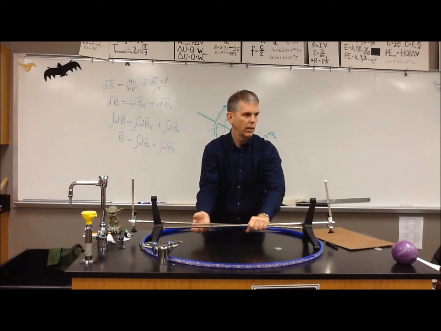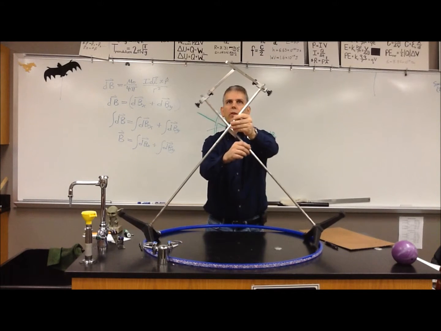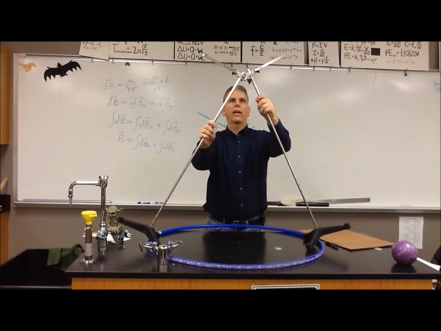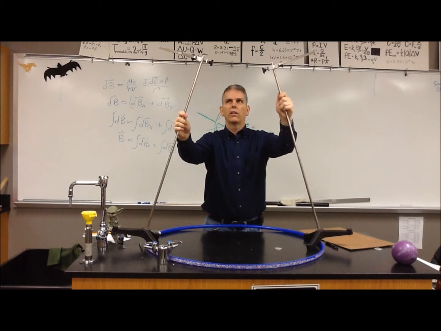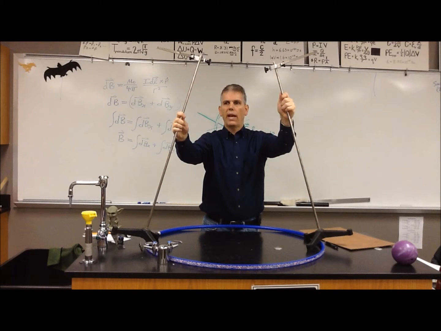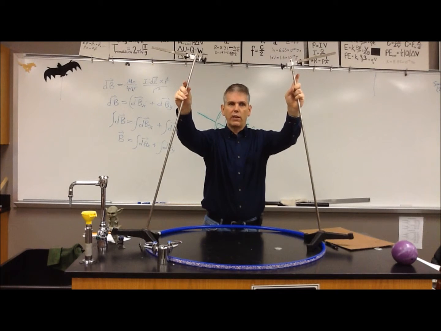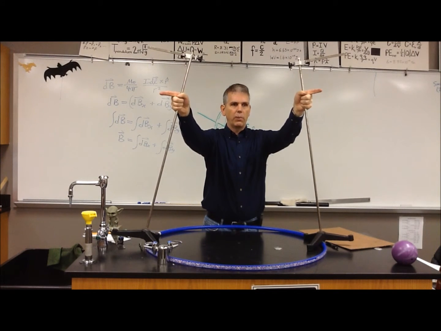You see it? As I move farther away, moving farther away, you see how they're getting more and more in opposition. And as R goes to a very long distance, which we will call infinity, there will be no magnetic field at infinity because all they are doing is opposing one another.